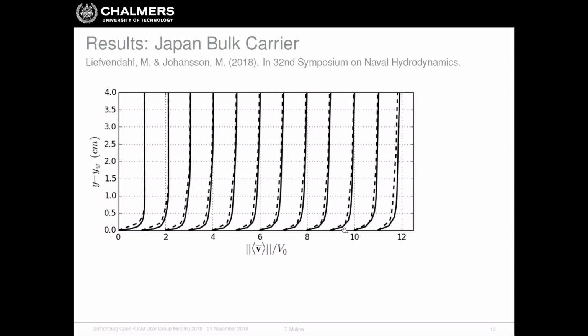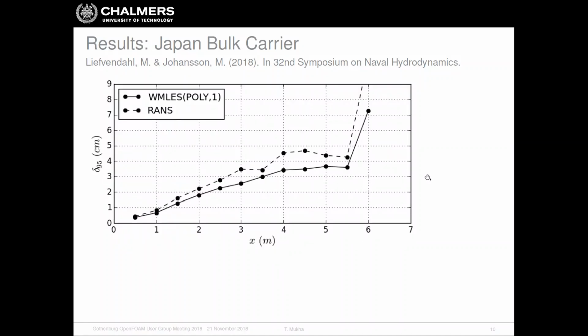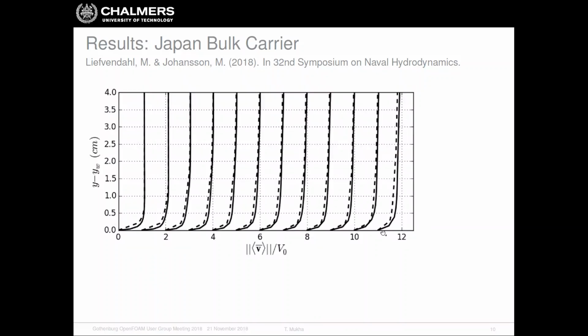So the dashed line profile is thicker. So we can see that, for instance, here it's very clear that the profile we get from the WallModelled LES is closer to the wall. The thickness of the layer is smaller. That's exactly what we saw on this previous slide, basically. But the shape of the velocity profile is, on the other hand, very similar, and the WallModelled LES gives us a nice prediction.